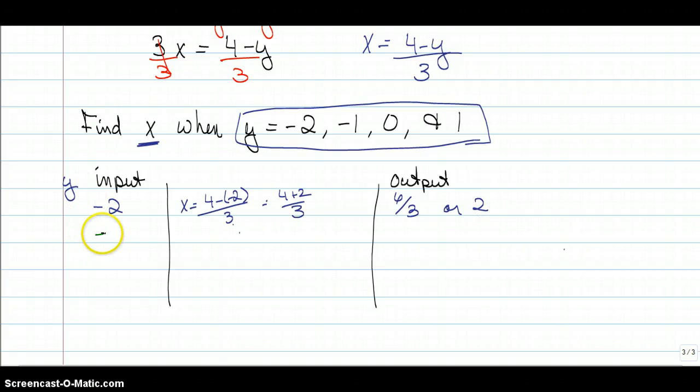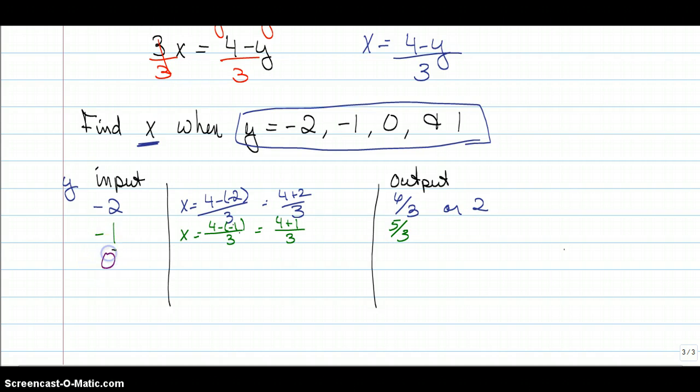My next one, I have negative 1. x is equal to 4 minus negative 1 over 3. So that's really 4 plus 1 because two negatives make a positive. 4 plus 1 gives me 5. Now I have 5 over 3.